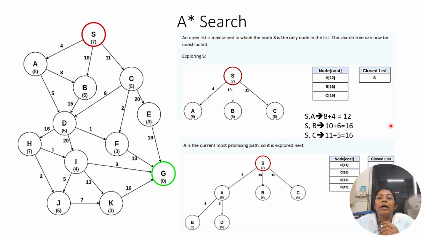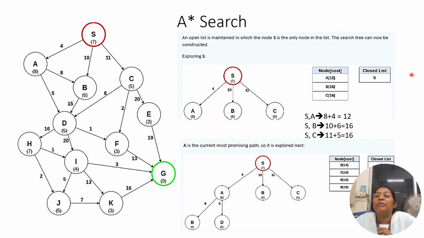Now I have two nodes B and D connected to A. So when I go on for B and D nodes connected to A, again I have to calculate what is the f of n. Now the f of n is g of n plus h of n.